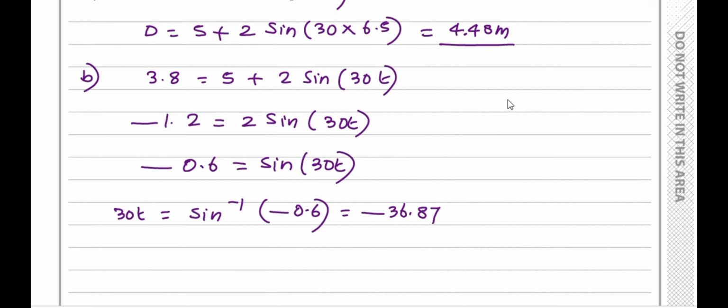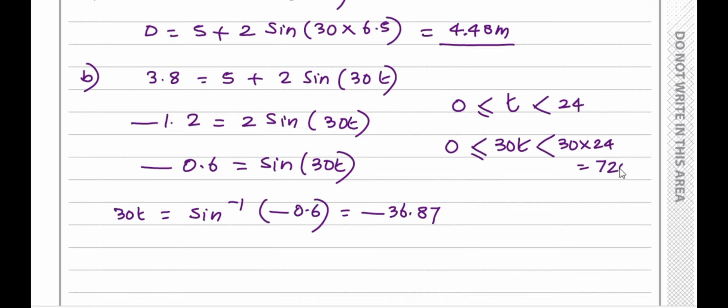Therefore, the question was saying t is greater than or equal to 0 but less than 24. Now we need to rewrite this t as 30t here, and therefore on one side it will still be 0 and on the other it will be 30 times 24, which is equal to 720 degrees, right? 3 24s are 72, right?